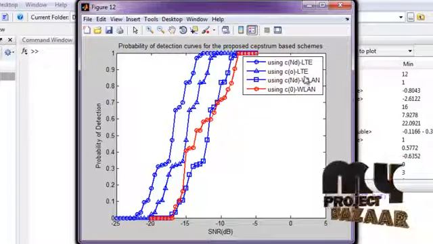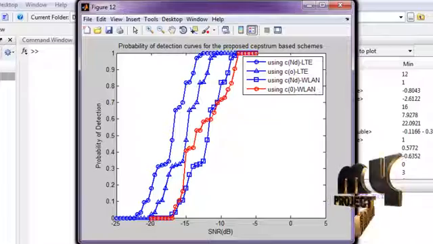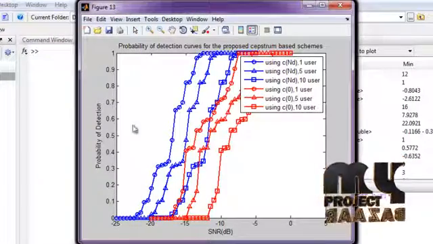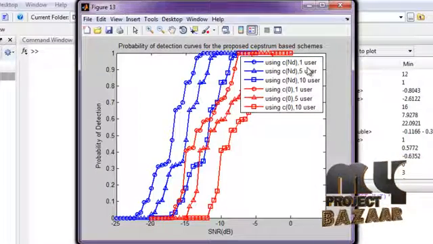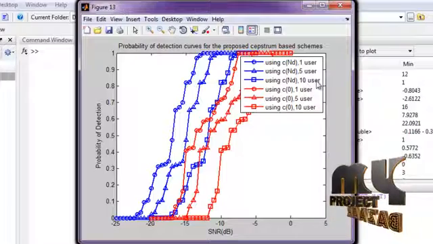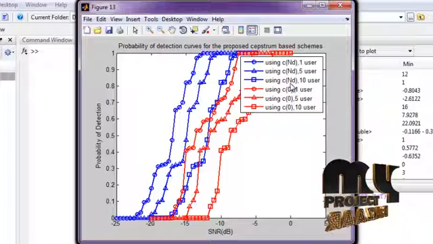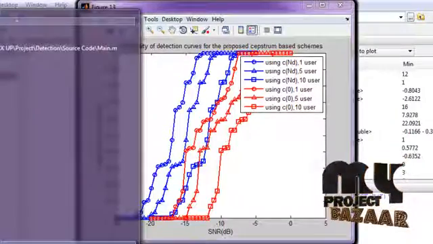Here both LTE and WLAN applications are considered. Here are the probability of detection curves for the proposed Cepstral-based scheme, for a single user, 5 users and also 10 users, for both OFDM and AWGN noise.